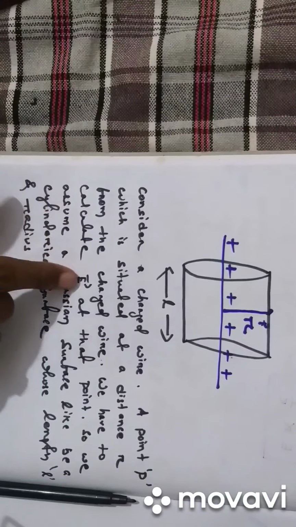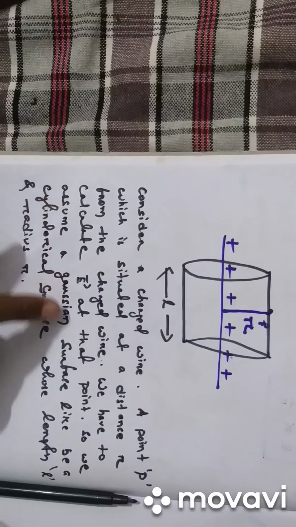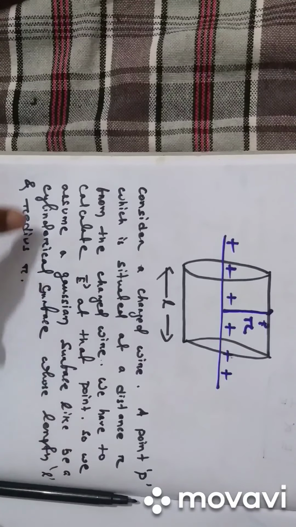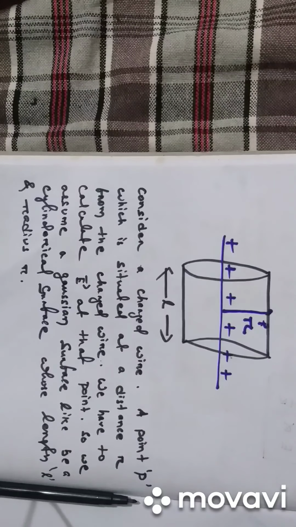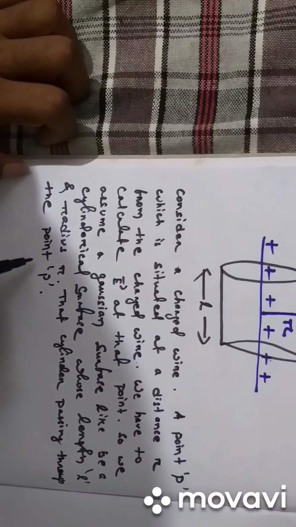We have to calculate the electric field intensity at that point. So we assume a Gaussian surface like a cylindrical surface whose length is L and radius R, that cylinder passing through the point P.